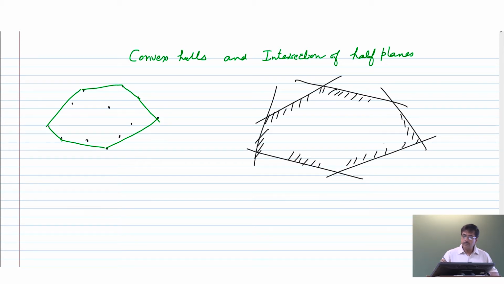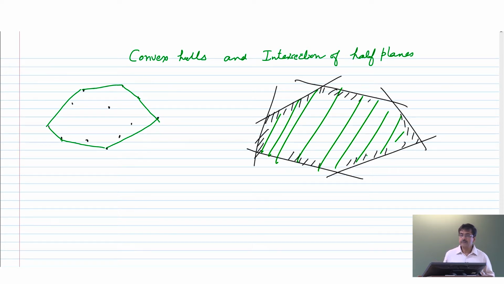So this area enclosed by all the half planes, which is basically this shaded portion, that is the intersection of these half planes. Now both structures have some similarity. Can you tell me what? It's a different kind of problem. One involves a set of points, and the other one involves a set of half planes. But there is some similarity about the final structure. What is the similarity?